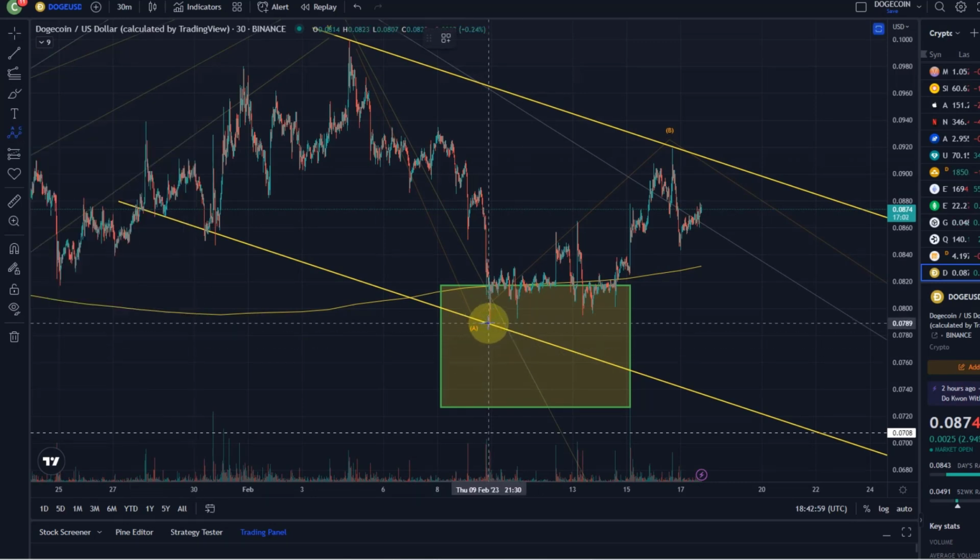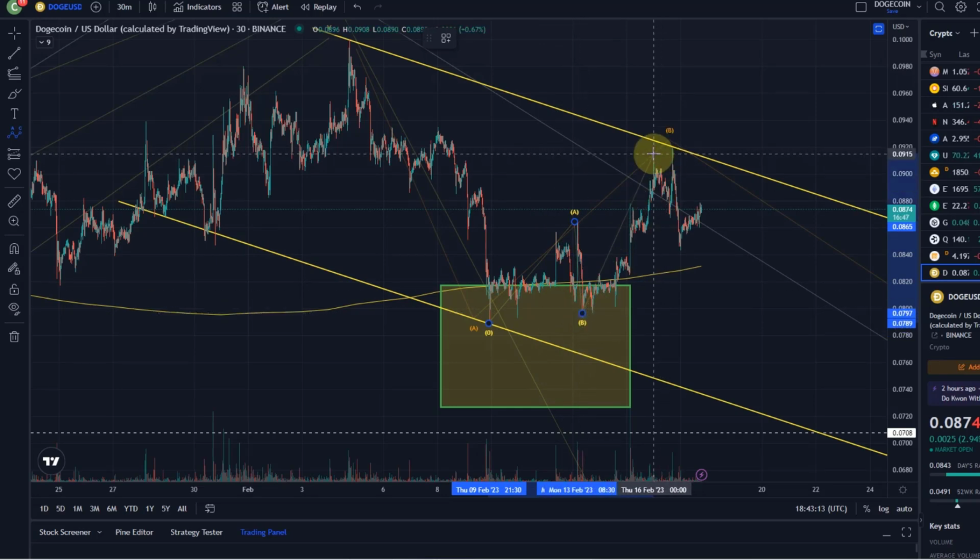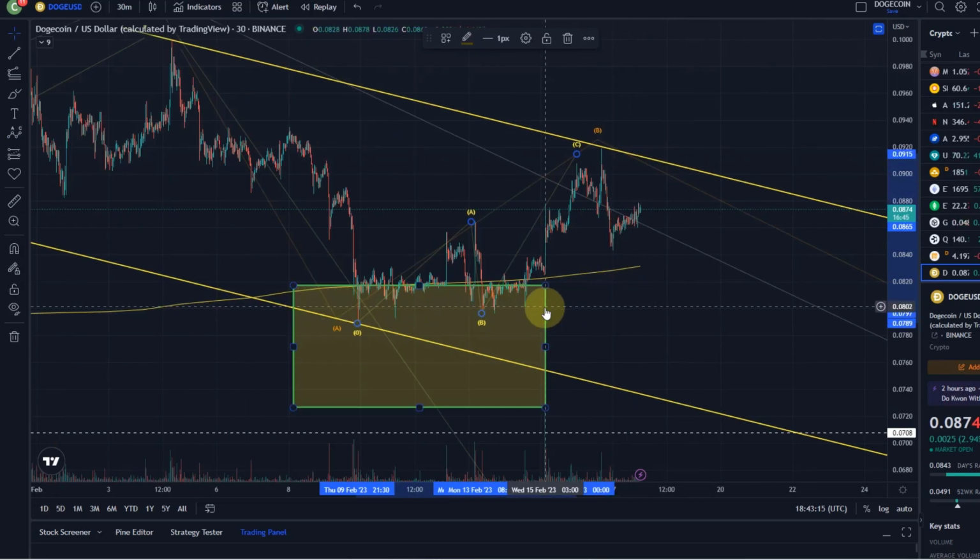From this low, we moved up in what I believe is a 3-wave structure: in an A wave, we came down in a B wave, and this here is a C wave. So it's basically a 3-wave structure. And then within the C wave of the B wave, probably similar to what Bitcoin did, we had a 1-2 setup here, maybe another 1-2 setup here, then the 3, 4, 5.